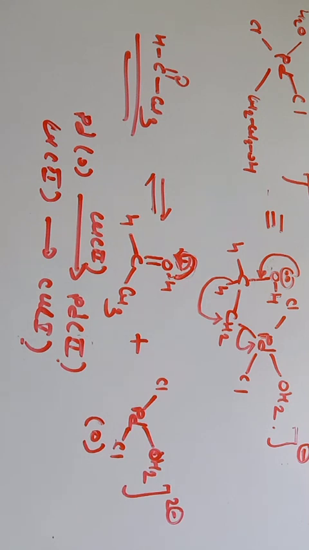So this is all about the Wacker process, the conversion of alkenes into aldehyde. In the next lecture we will discuss the remaining part of this chapter. Thank you.